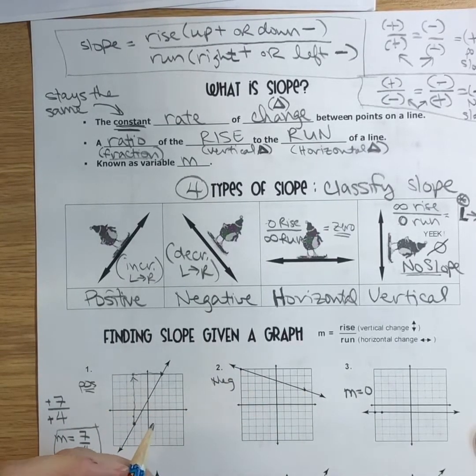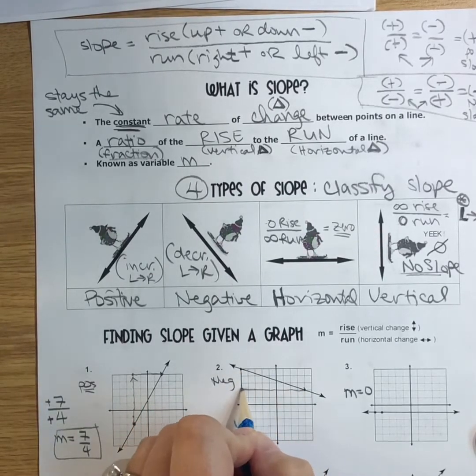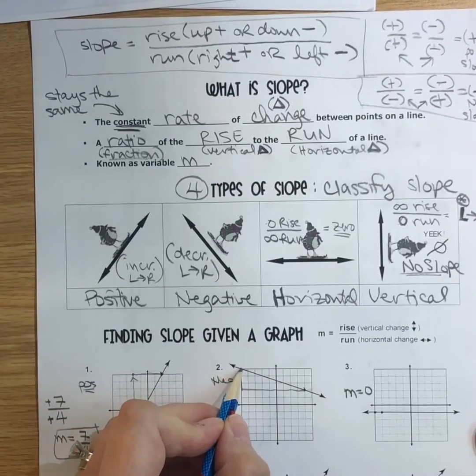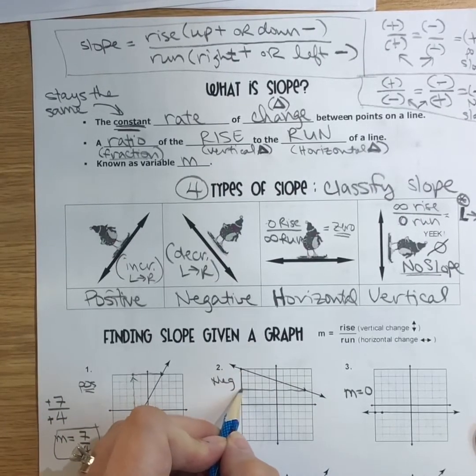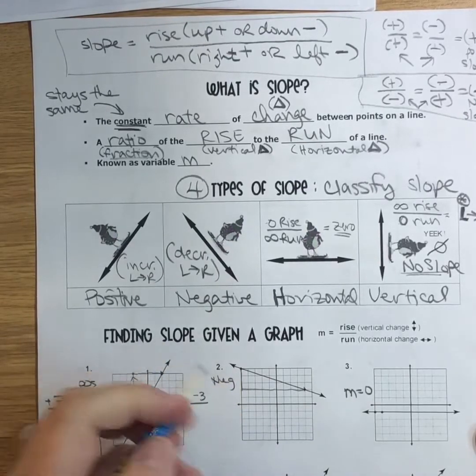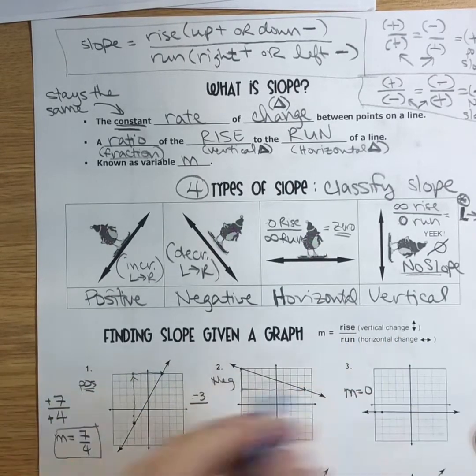If I draw the right triangle between these 2 points, I can see that I have to go down 3. So I go -3 in the numerator, because remember, down means negative for the vertical change.